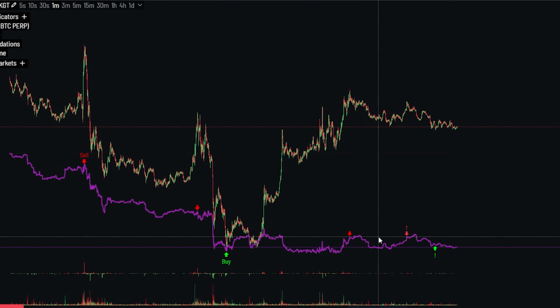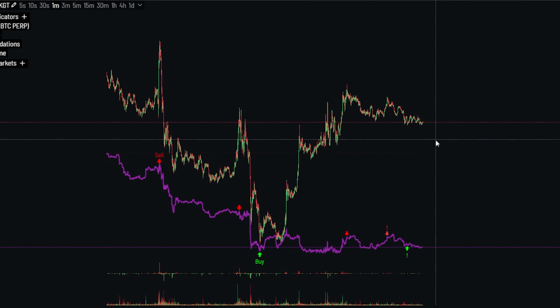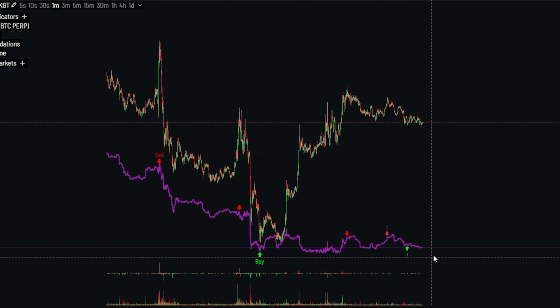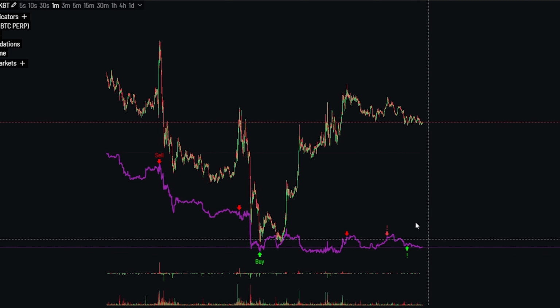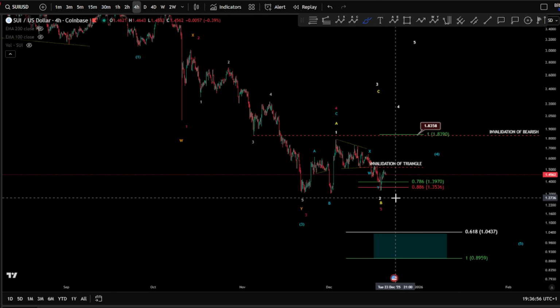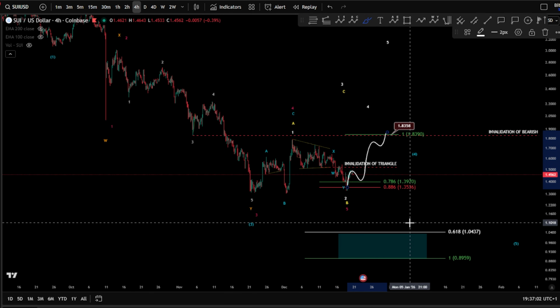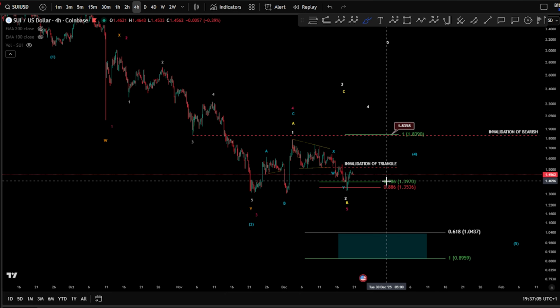They are not totally converging, but they are very aligned, though it is still showing another bullish signal and might be in divergence very soon, meaning even if we get a little bit lower, this signal might shift or create a second bullish signal in this area, and we might shift towards higher prices, where I'm expecting an impulse, a 1, 2, 3, 4, and a 5, at least for a wave C, guys. So very interesting for SUI. We'll see what's going to happen, but things are looking positive for SUI.